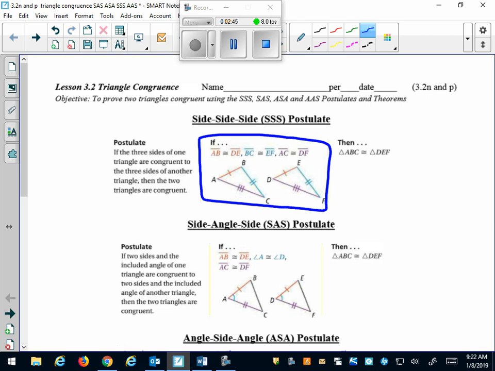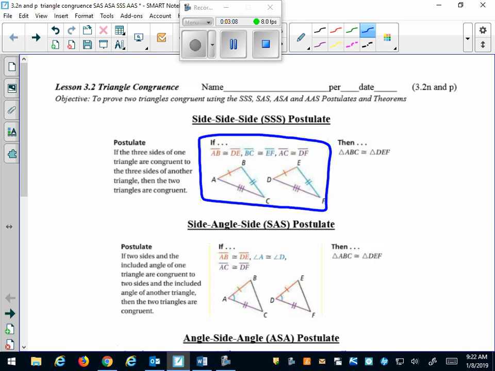So here is the good news about triangles. If we are trying to determine if two triangles are congruent, we actually don't need all 6 of those pieces of information like we did 2 days ago. 2 days ago, if I asked you, are these two congruent, you would have to check all the angles and all the sides.